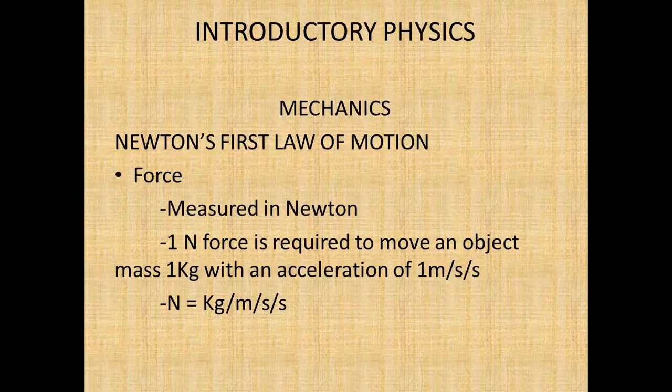We try to describe what is force, and we know that force is measured in Newtons, and the definition of 1 Newton is the force that is required to move an object of mass 1 kilogram with an acceleration of 1 meter per second squared. So the Newton is equal to the mass, so again, force is equal to mass times acceleration.